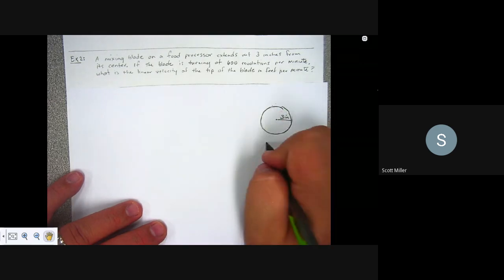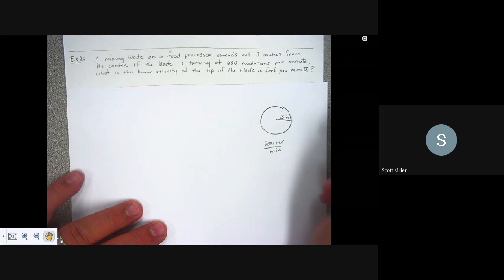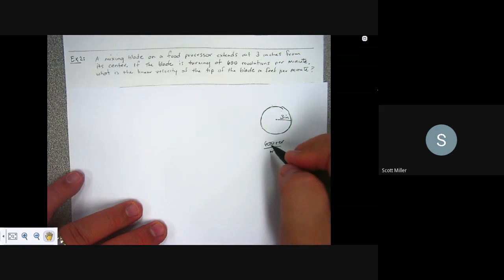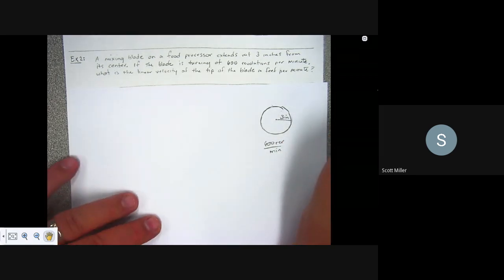It's spinning at 600 revolutions per minute. That's not an angular speed because it's not in radians, but it is related to angular speed, so we're going to use it to help us find the angular speed. And we want to find the linear speed.